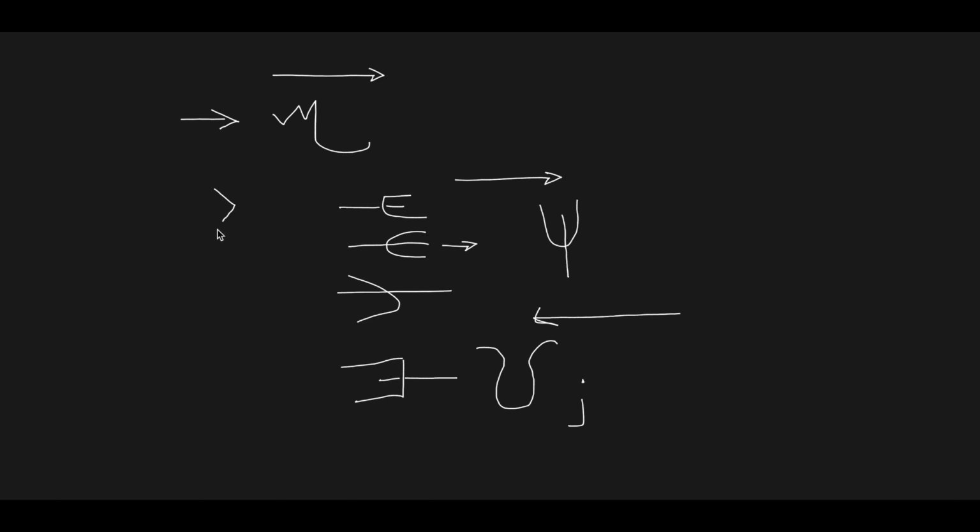So that's the first symbol, and we can use a combination of these. I'm going to usually use this symbol to let you know that we're going to proceed from left to right. Okay.